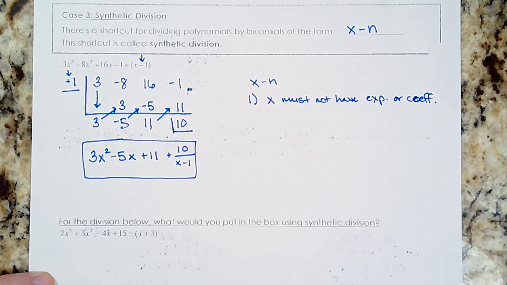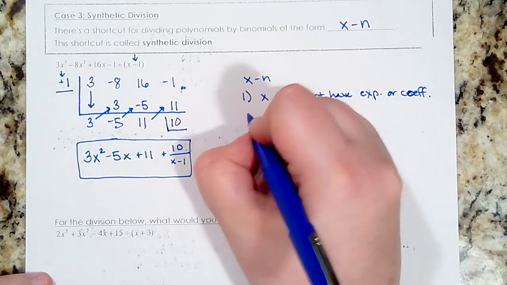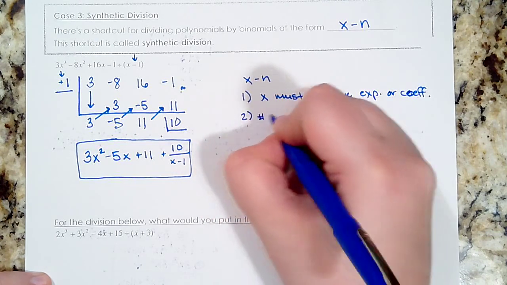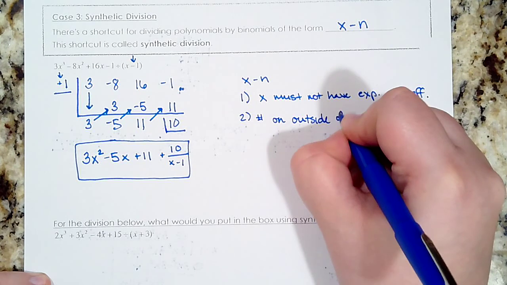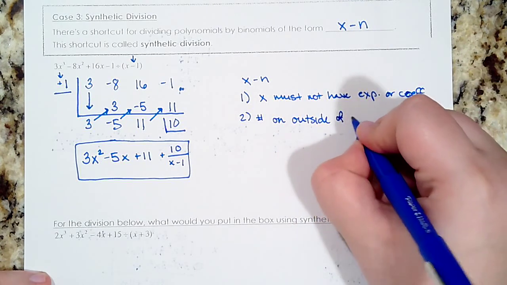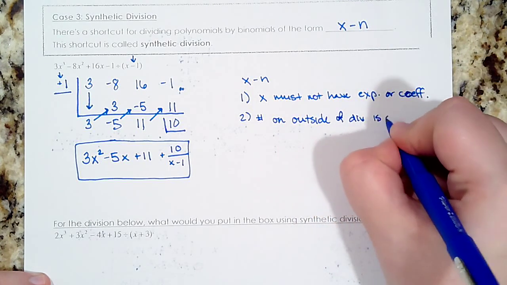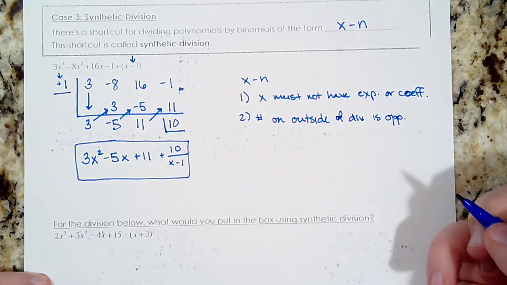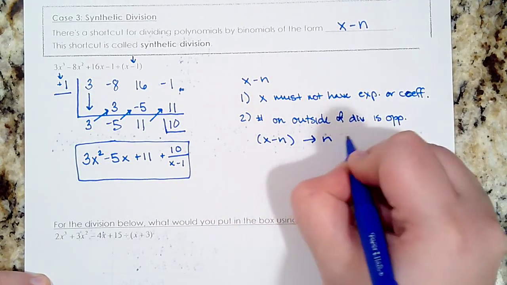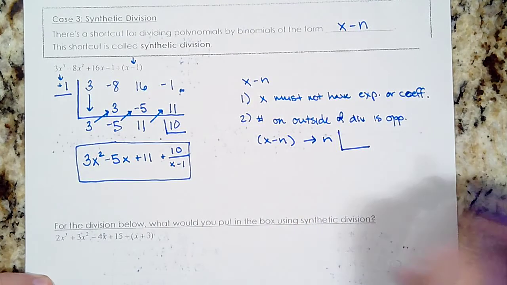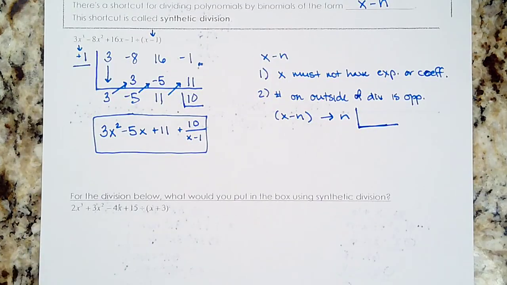If they do, we have to do something a little bit different. The other thing is the number on the outside of your division problem is opposite the number inside. So x minus n becomes an n on the outside of your problem. Those are my two big reminders for you.